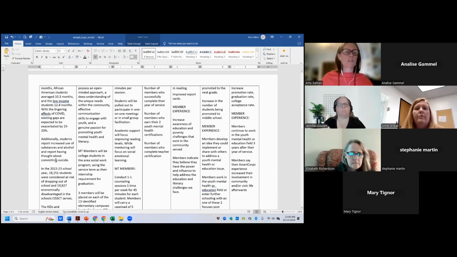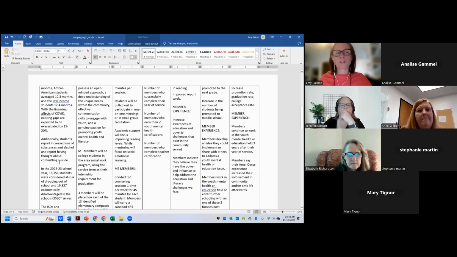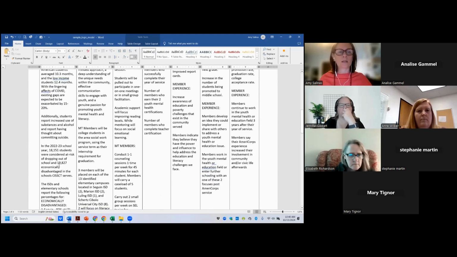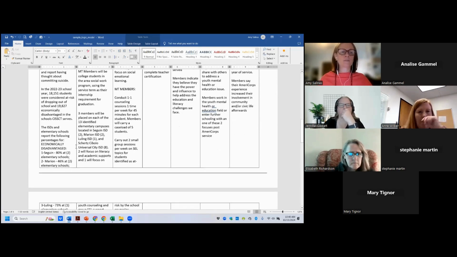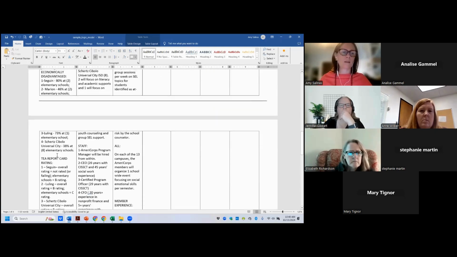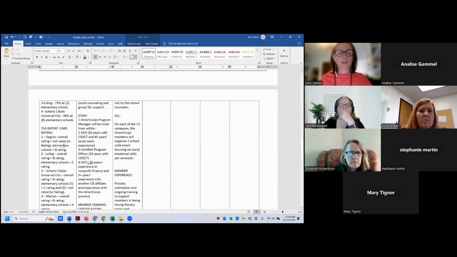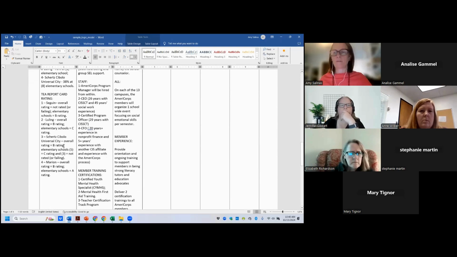And then also additionally, students report an increased use of substances and alcohol, and report having thought about suicide. Giving some statistics about dropout, giving some statistics about economically disadvantaged students in each of the schools that we're talking about serving, and report card ratings. So giving some specific data about the places.